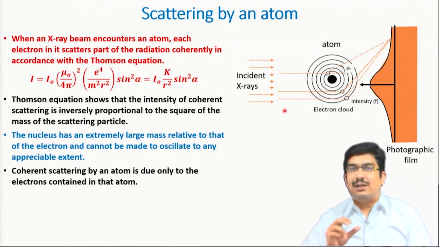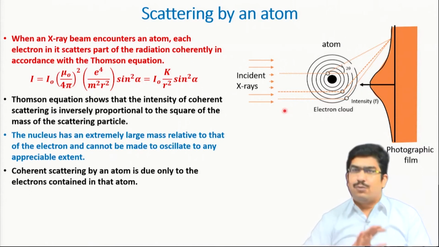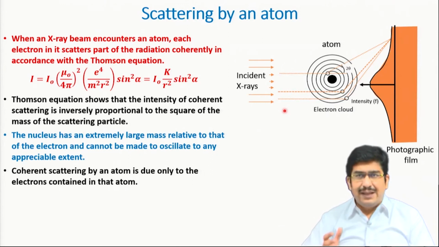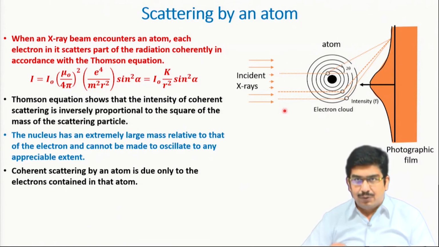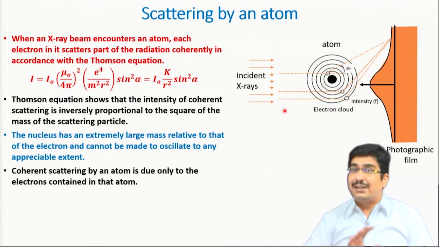The point is, the nucleus is heavily charged, and its mass is much higher than the electrons. So the incident X-ray photon is not energetic enough to put it into motion for most materials, except for very small, very light elements. For most of the general materials that we use for X-ray diffraction, the positively charged nucleus is heavy enough that it cannot be put into oscillatory motion so easily by the incident X-ray.